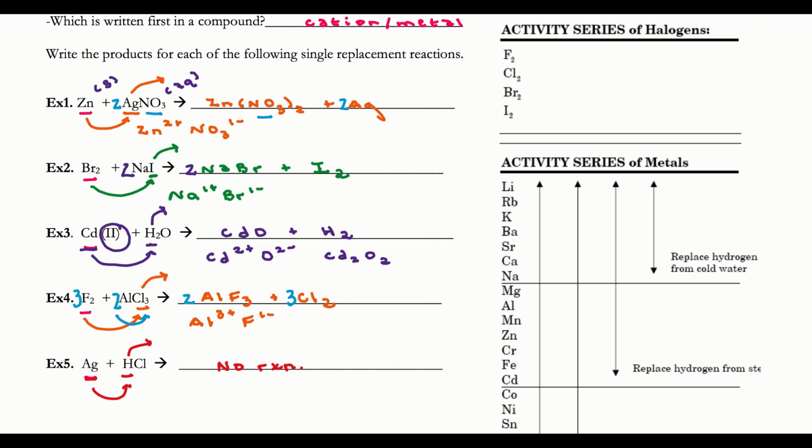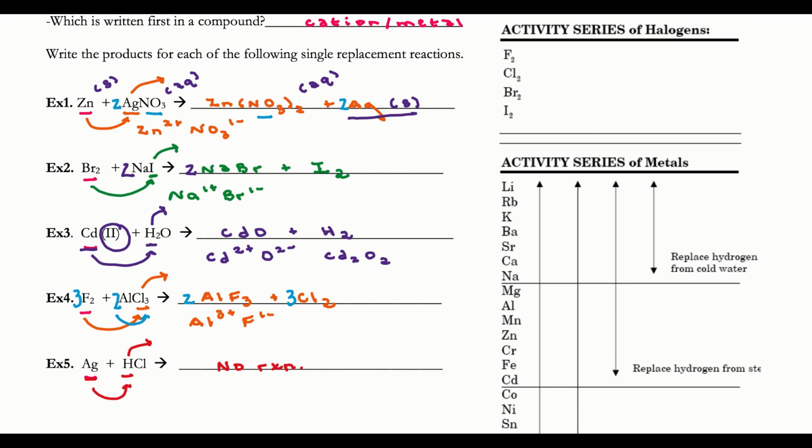So zinc nitrate is going to be aqueous because what's going to happen is the zinc is simply going to form a new compound with the nitrate and it's going to stay in solution, while silver, because it's a metal, will be solid. So what you will actually see, if I said, hey, how do I know that that reaction actually occurred? You could say, well, I know it because I would see silver forming, solid silver forming in the solution.